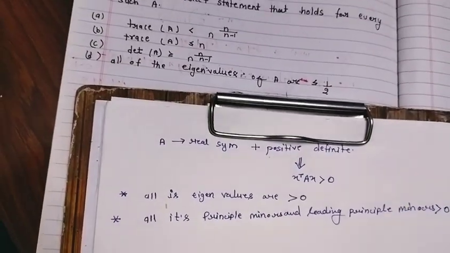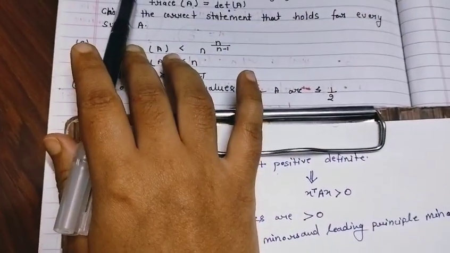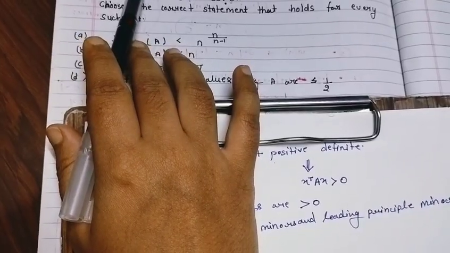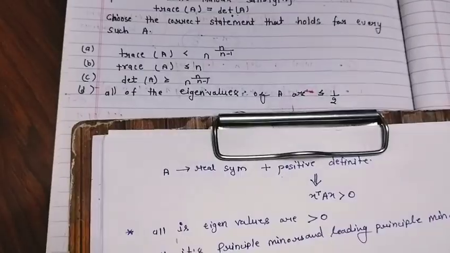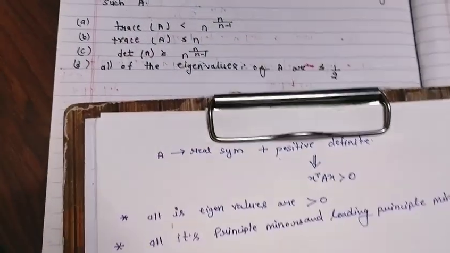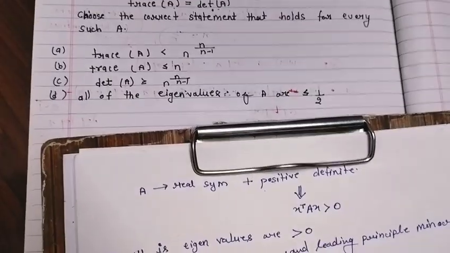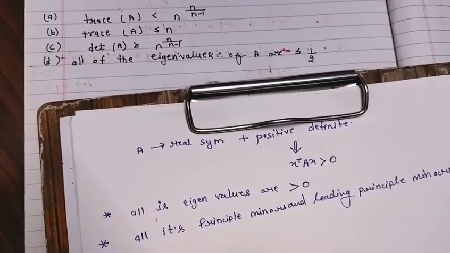Let's say I have a matrix of order n, I can choose n equal to 2 or any bigger n. So A is an n cross n matrix.